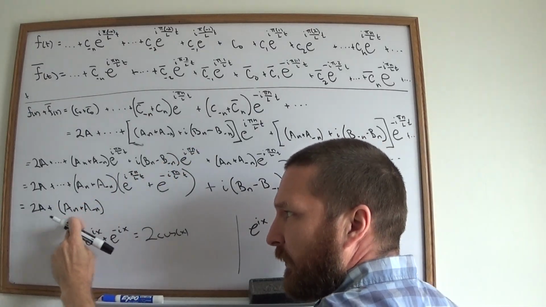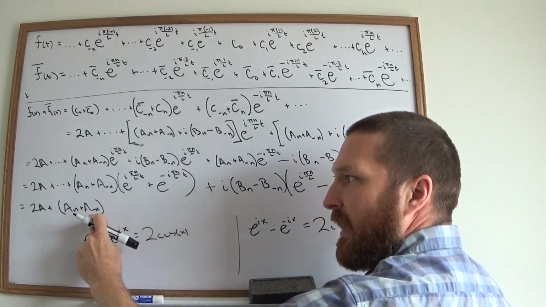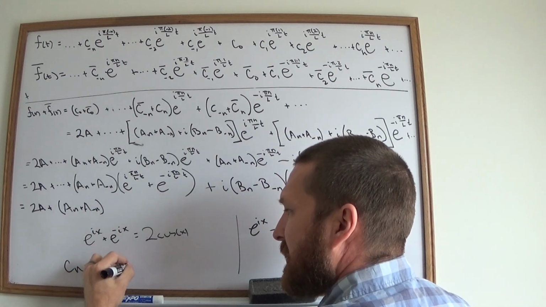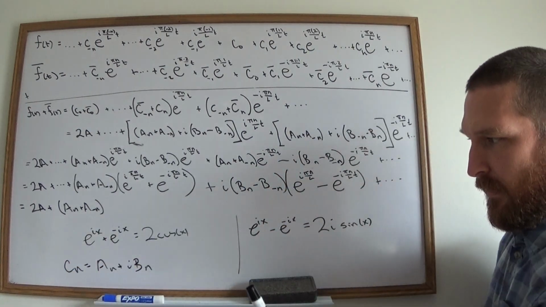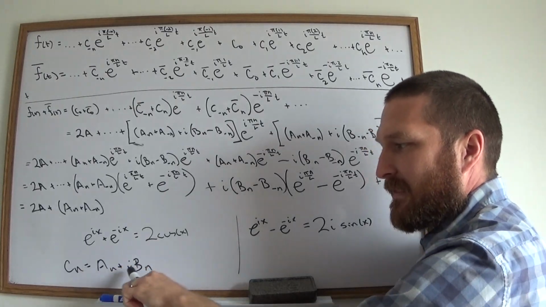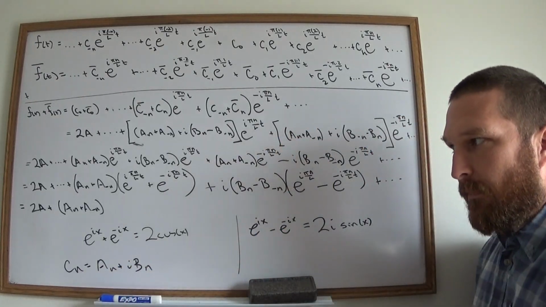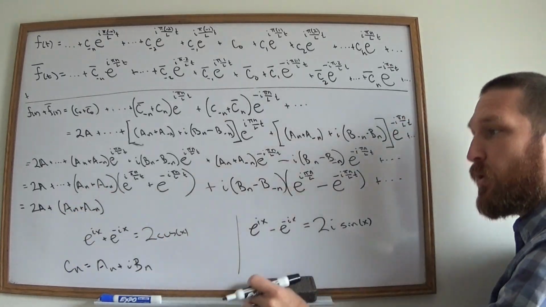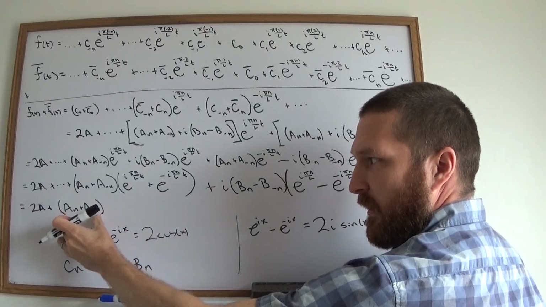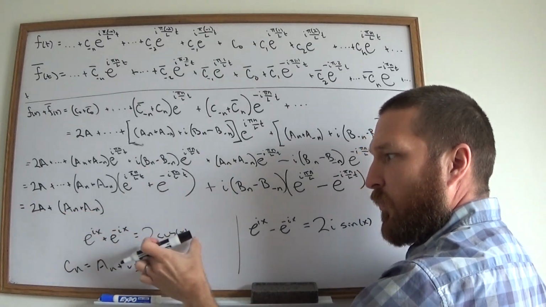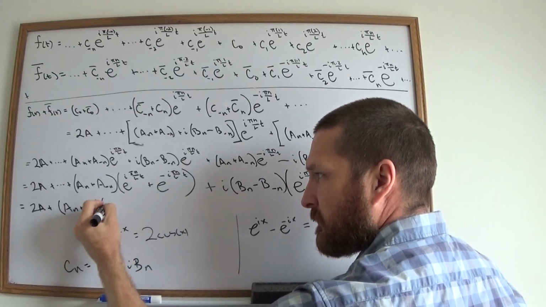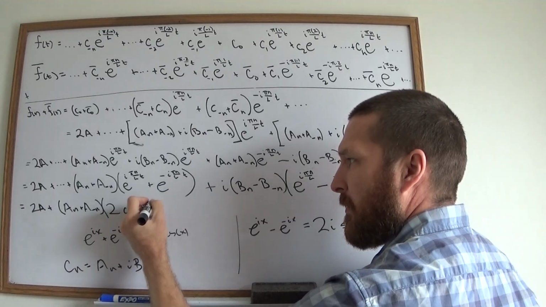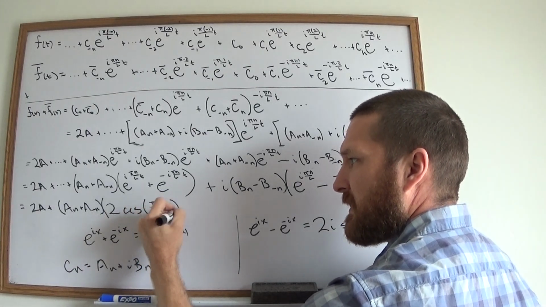That's a real number because, remember, this came from Cn, which we said was an plus i bn, and both the an's and the bn's were real numbers. The only imaginary thing was the i there, which is no longer here. So that's a pure real number right there, times this thing, which is 2 times cosine of whatever this stuff is. In our case, pi n over L t, right there.